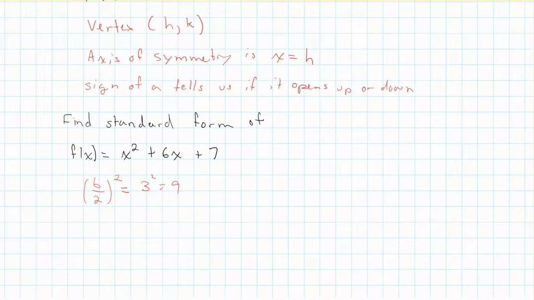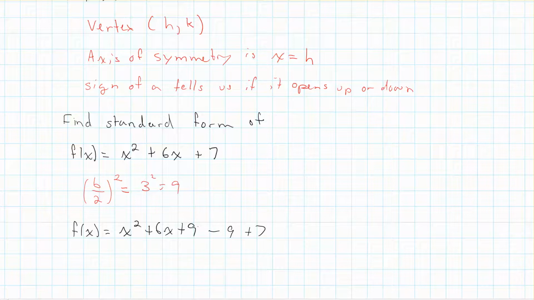Now the only difference is because I'm not solving this, I'm going to still leave this as f of x equals x squared plus 6x plus 9. Okay, but I can't change anything. Well, this is what's a little sneaky here. If I add 9, I'm just going to then subtract 9 and then add 7. And if I subtract 9, I haven't changed anything.